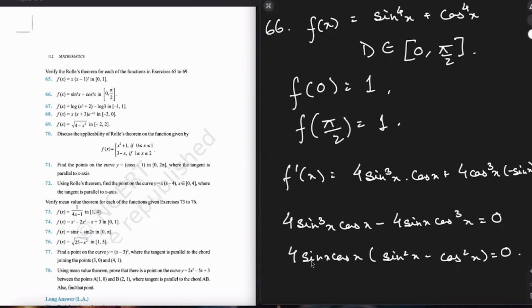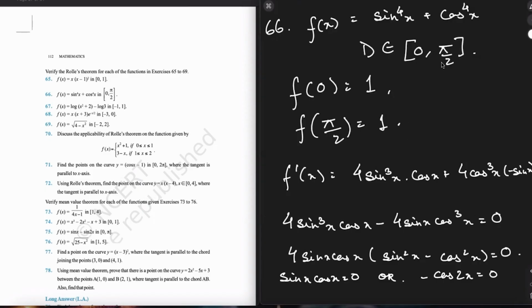Alright. So this whole term can be 0. Either sin x into cos x is equal to 0, or sin square x minus cos square x, this is minus cos 2x, and minus cos 2x is equal to 0.